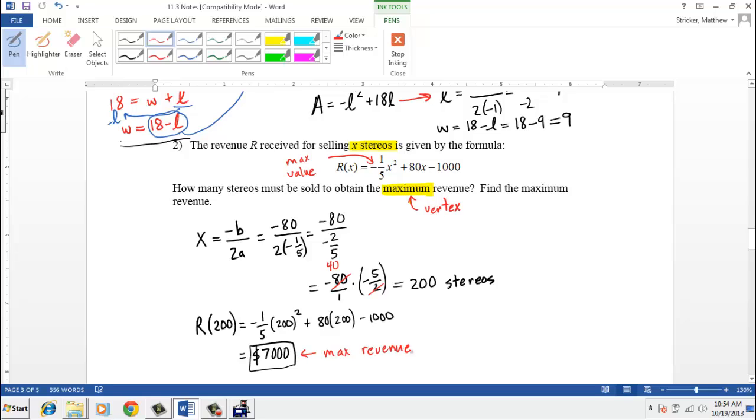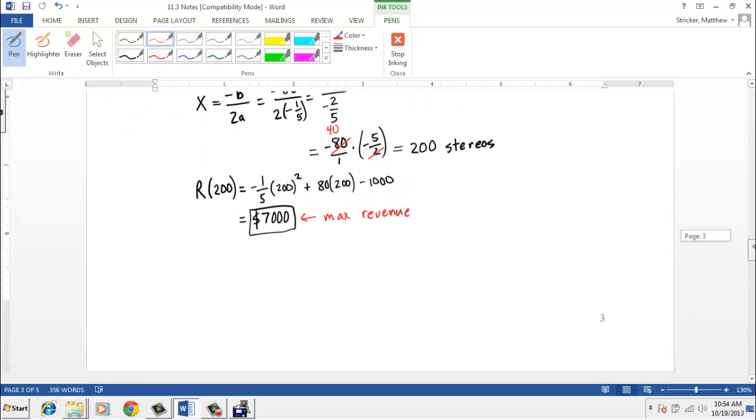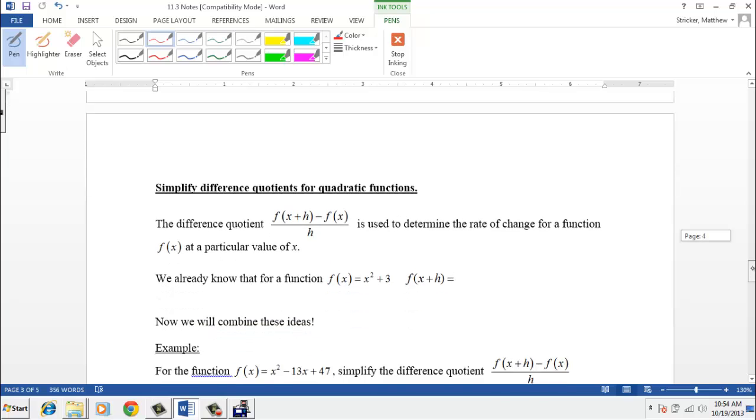All right, so there's some applications involving optimizing, either finding maximum or minimum.